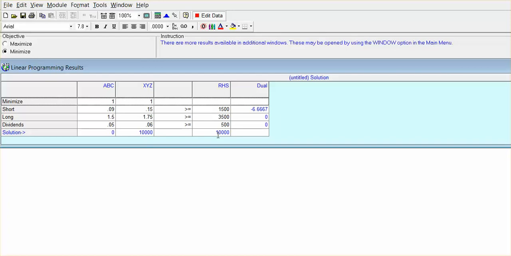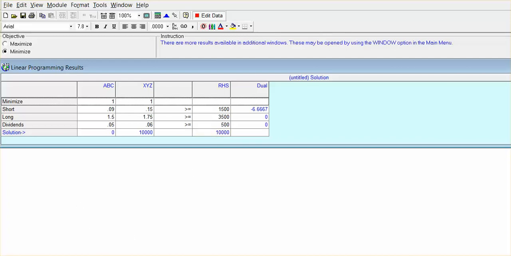So that is my minimum investment required, given that I want my short term $1,500, I want my long term to be $3,500, and I want my dividends to be $500. So as you can see, I'm only going to invest $10,000 in XYZ.